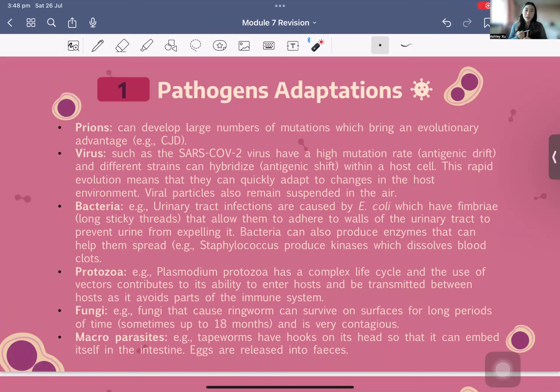Viruses, the very common one that we look at is high mutation rates. They can have antigenic drift or antigenic shift. Go back to our booklets to have a recap of what they mean. But what this causes is just every year we have people who get infected with the yearly flu, which is caused by a virus, and some people do get resistance against them, okay, because they have developed immunity against them. But viruses, they want to live, they want to be able to infect as many people as possible.